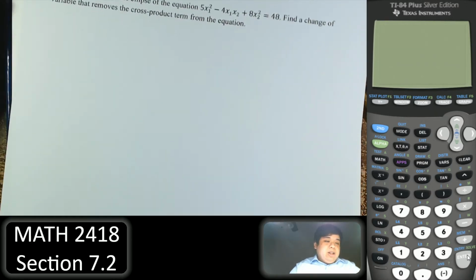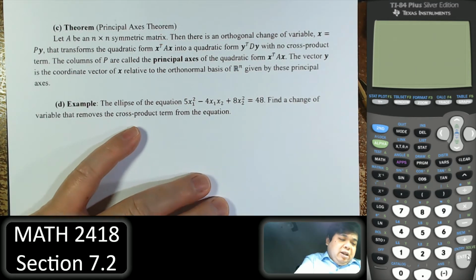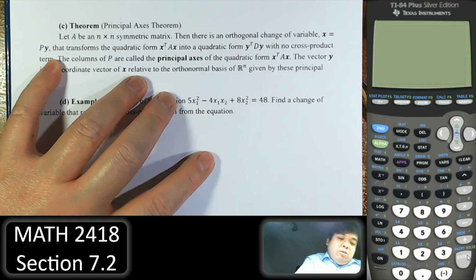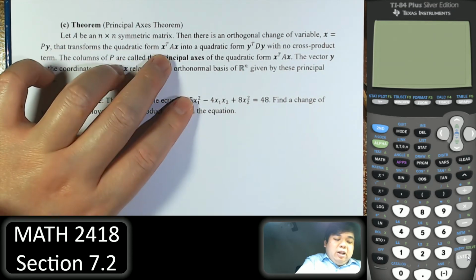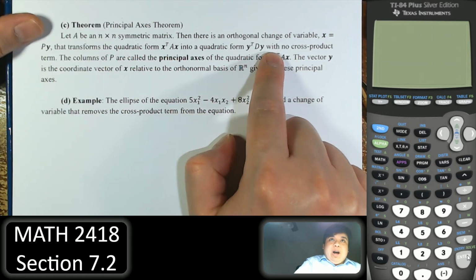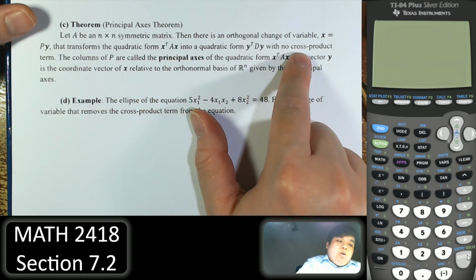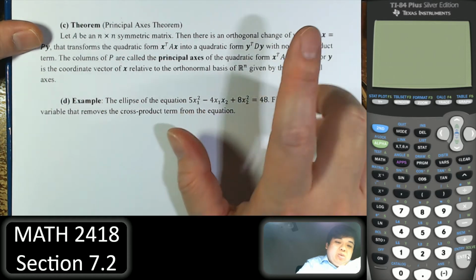I will try another example. Let A be an n by n symmetric matrix. Then there is an orthogonal change of variable x equals P y that transforms the quadratic form x transpose A x into y transpose D y. So in the process of doing that, we have no more cross product terms like x1 x2, x1 x3, x2 x3, and so on.